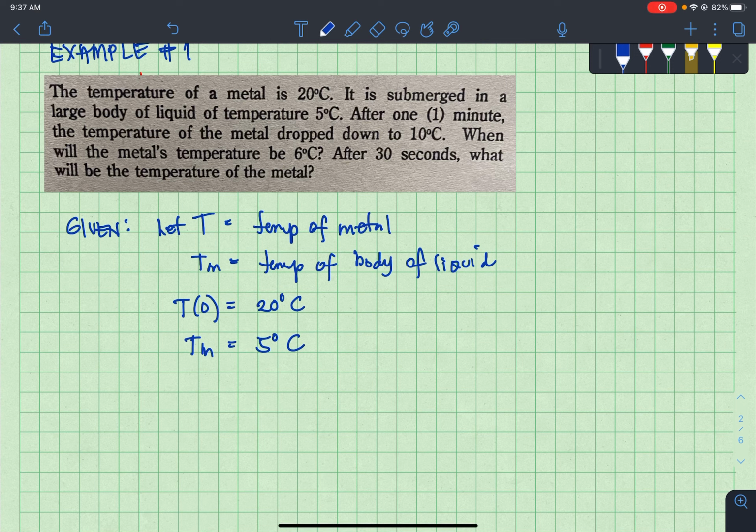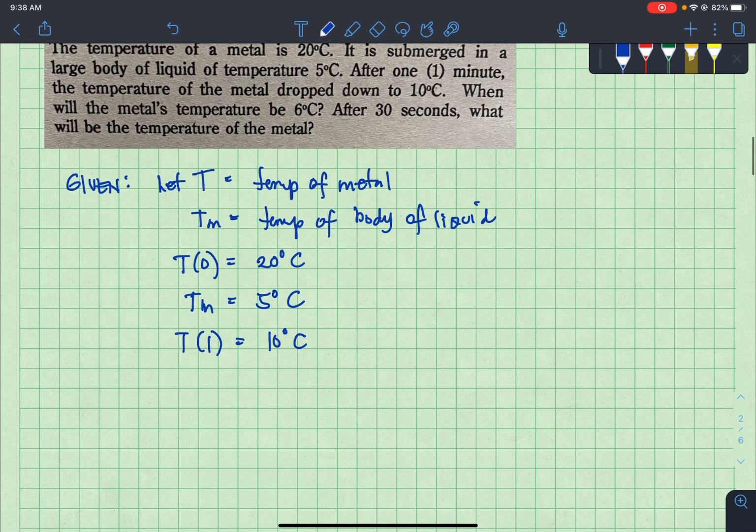After 1 minute, from 20 degrees Celsius, it drops down to 10 degrees Celsius. It decreases because we subjected the metal into a cooler body of liquid of 5 degrees Celsius. So it will drop from 20 to 10, until the minimum, which will be 5 degrees Celsius.